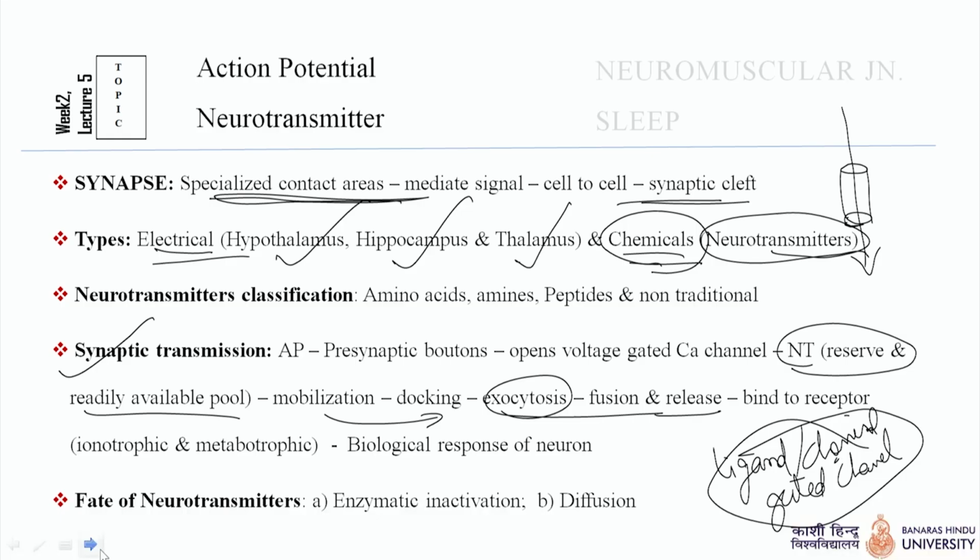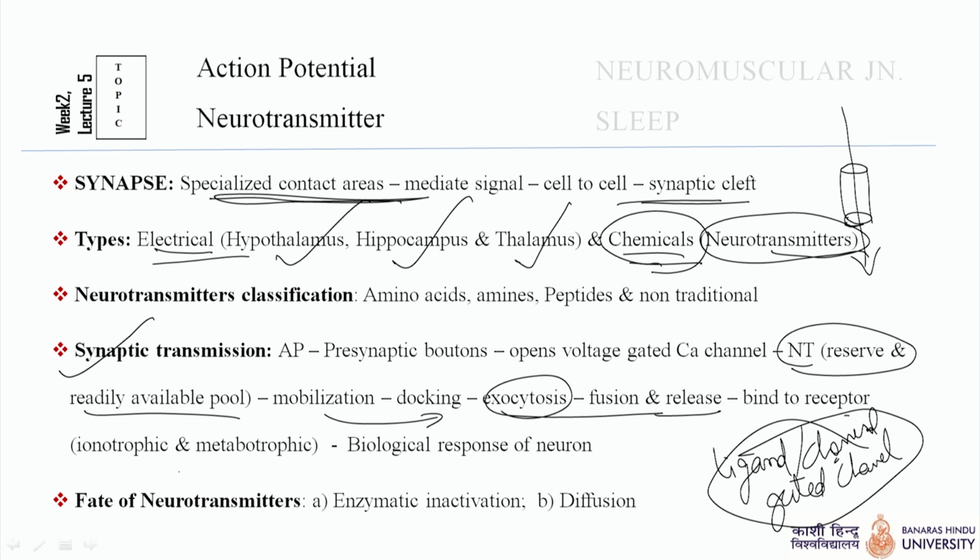Ligand means it is a chemical. So what is the chemical messenger here? The chemical messenger is a neurotransmitter. Because of this neurotransmitter, it is opening that channel. For that reason, these channels are called ligand or chemically gated channels, but not voltage gated channels, because of the difference in potential.